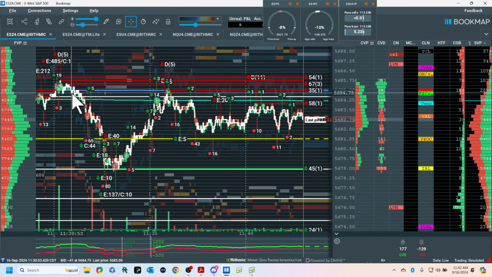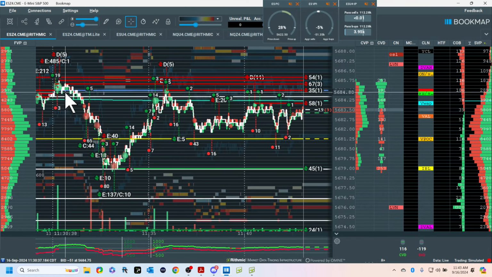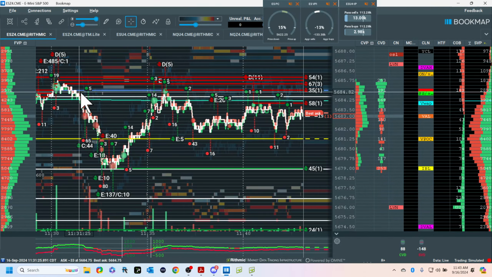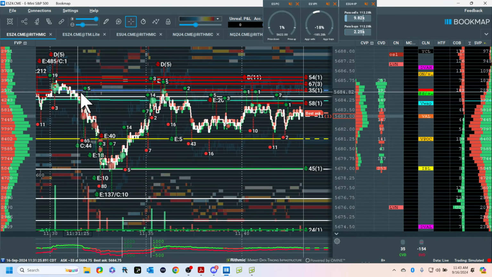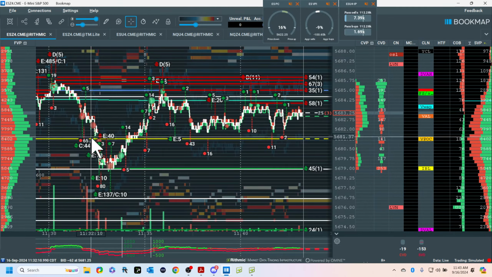And my risk typically is under 3 points, usually 2 and a bit, or less if I get lucky. So my risk is constant no matter what the range is.